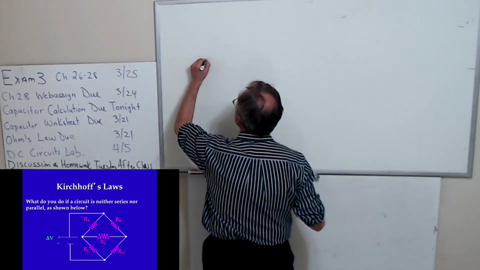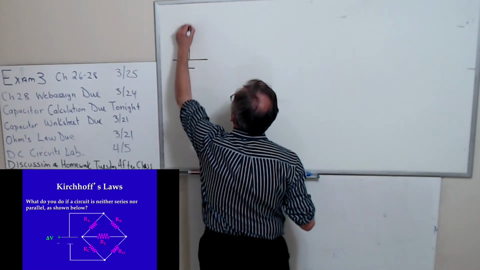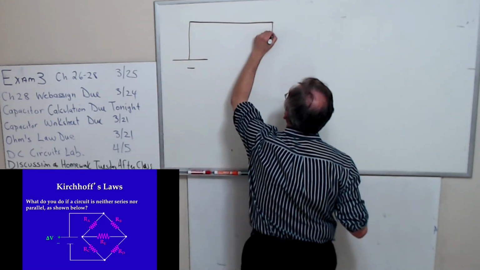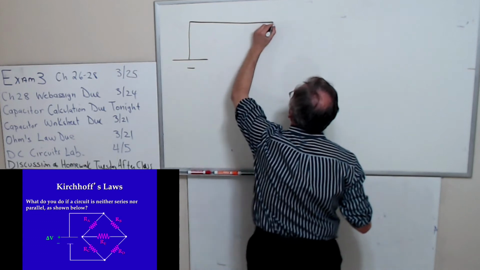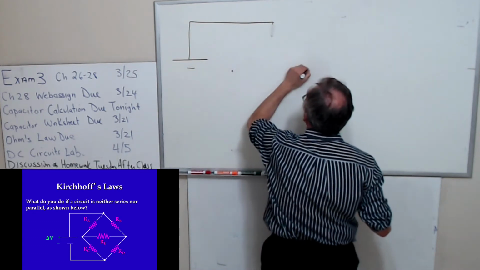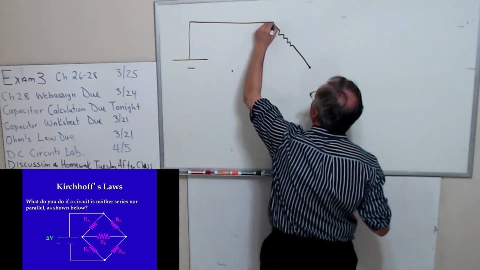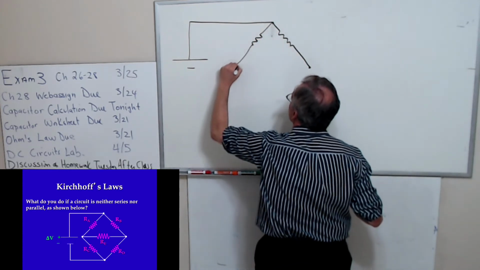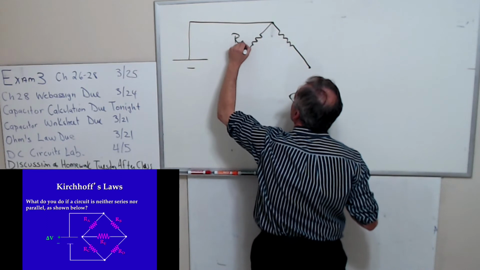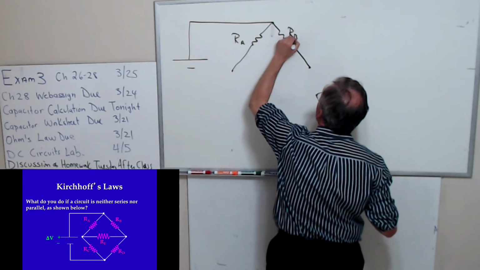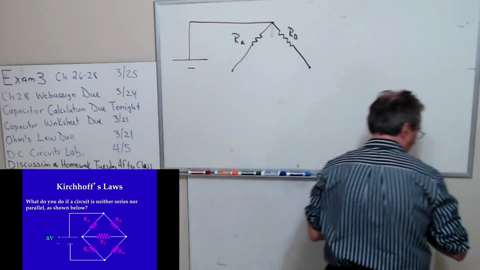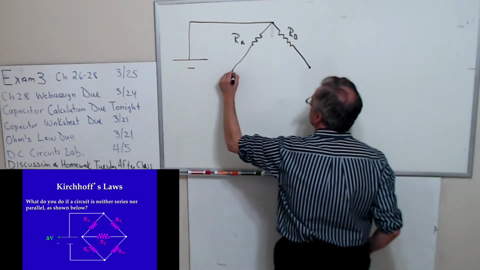So let me draw my circuit. So I have 5 resistors. Actually, I'll draw it here. That's okay.